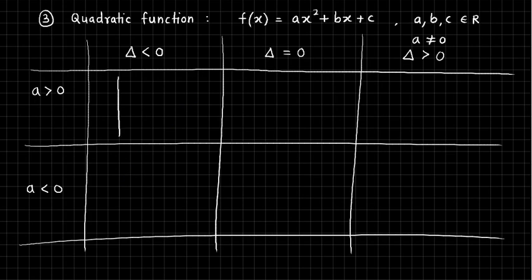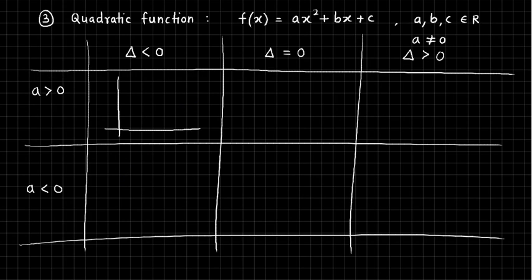Now what happens if we consider the first case, that is, a is positive and delta is negative? Remember, whenever a is positive, we will get the graph of the function as a parabola which opens upwards, right? Now if delta is negative, that means the discriminant of this quadratic expression is negative.